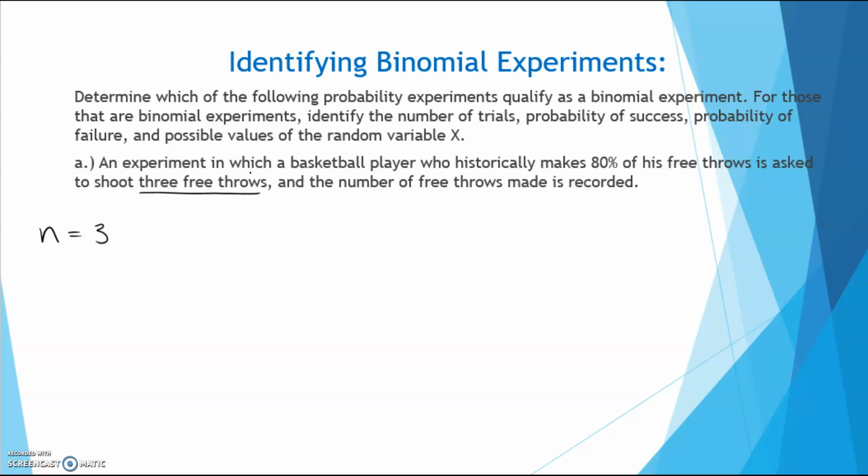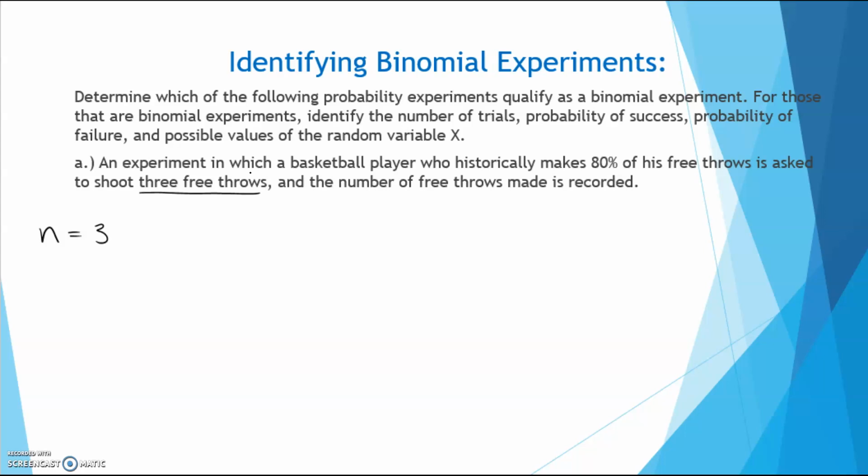Okay, so those 2 things are independent from each other. So 2's fine. Number 3, do you have 2 outcomes? Well, when I go to shoot the basketball, I only have 2 options. Either I'm going to make it or I'm going to miss it. So there's only 2 options.